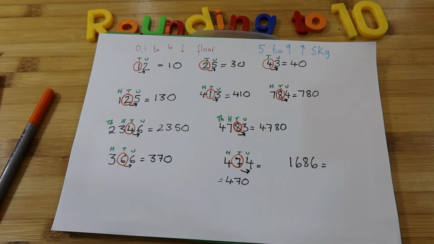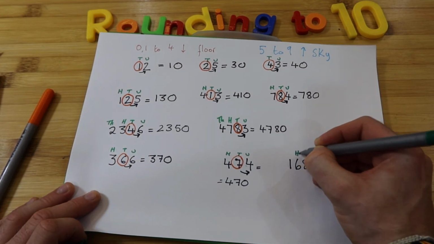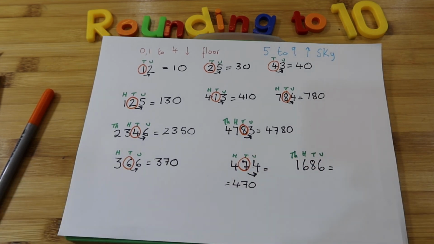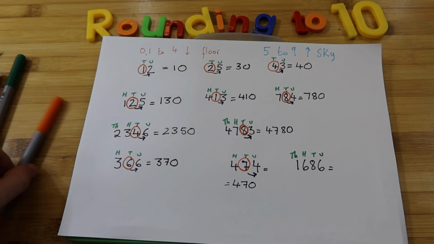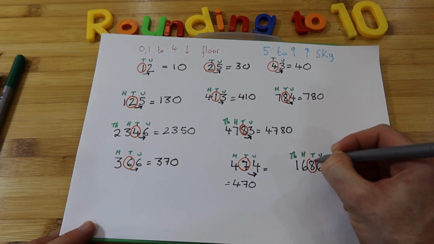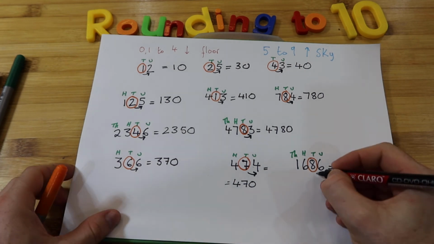Now let's try and do that last big number. Okay, and in test they do like to do sneaky ones like this. Okay, thousands. Right, there we go. So if we have a look at that, which is the 10? Because we're rounding to the nearest 10, the answer is the 8. Okay, so this is the number we're looking at. Then the next number, we go next door, it's a 6.